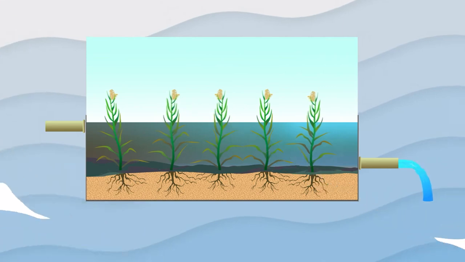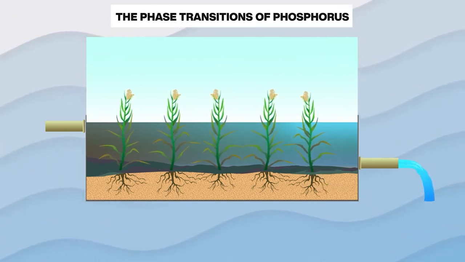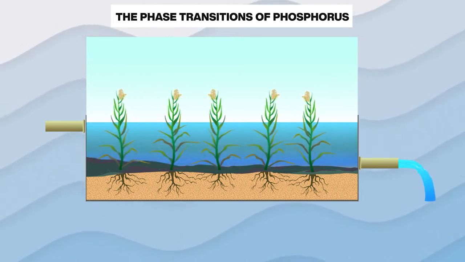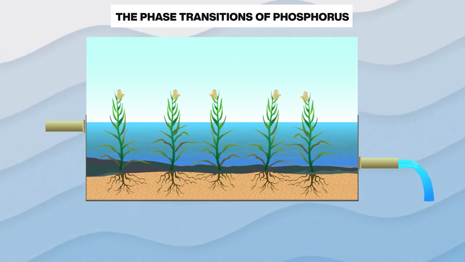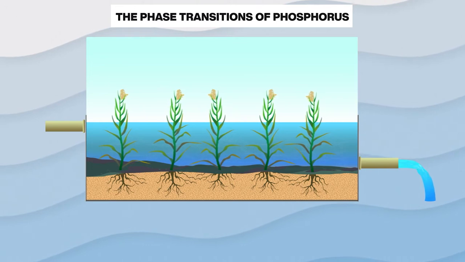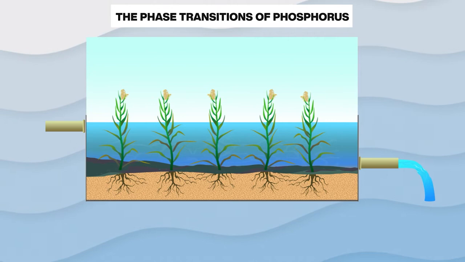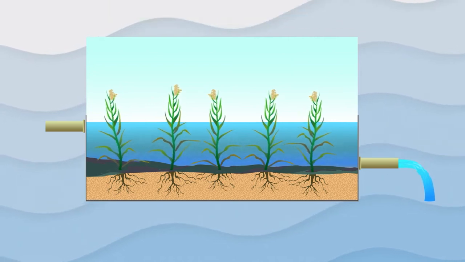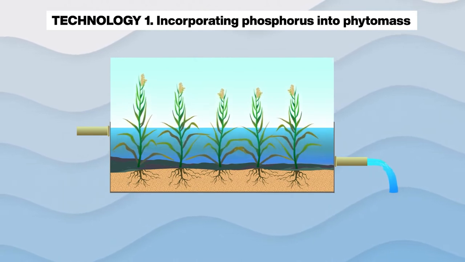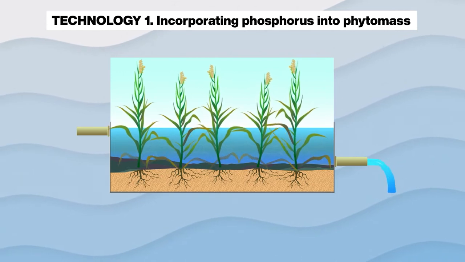Betsy, in your opinion, what must a constructed wetland do with all of this phosphorus? The constructed wetland has a clear but difficult task. It has to remove the phosphorus from water as effectively as possible. For these purposes, we have technologies which can lock phosphorus in undissolved phases. Let's have a closer look at three of them. The first technology. The plants selected for a constructed wetland are ones that have the capacity to considerably increase their biomass within a short period of time.